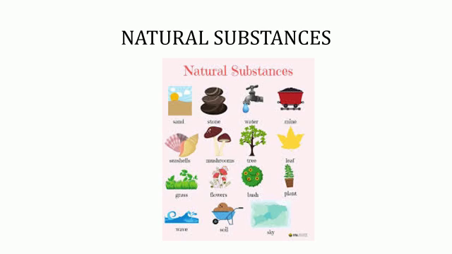Means substances which are obtained from living things like animals and plants are called biotic substances. Air, soil, water are substances that are not obtained from living things and they are called abiotic substances. Substances which we get from plants are called substances of plant origin. Example, jute and cotton.